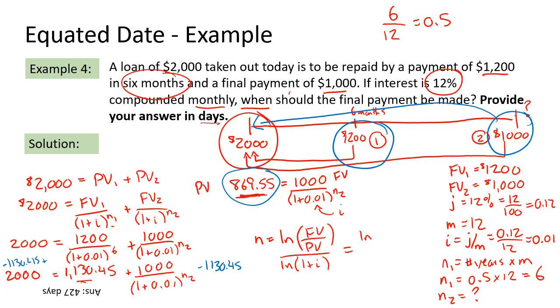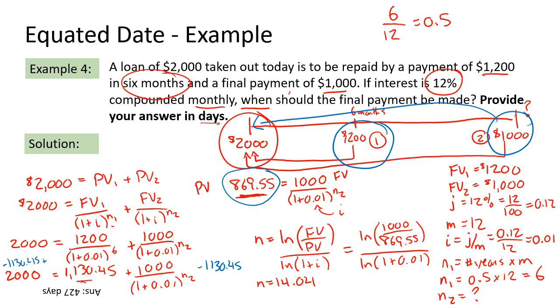That's equal to the ln of 1,000 divided by $869.55, divided by the ln of 1 plus 0.01. If you calculate that out, ln of 1,000 divided by 869.55 and divided by ln 1.01, you get a value of 14.04.